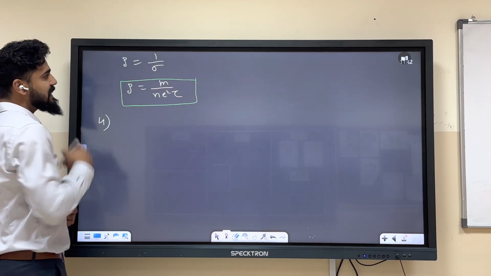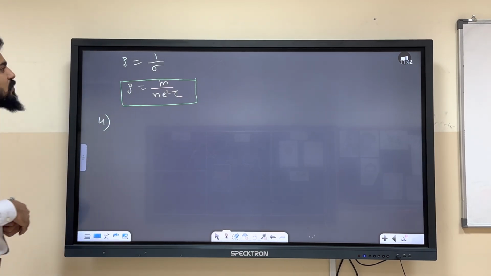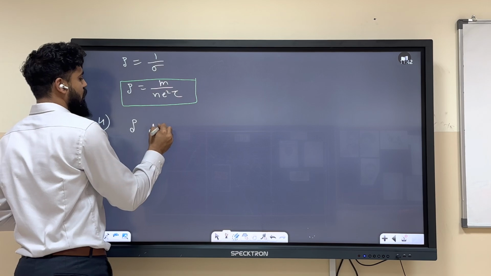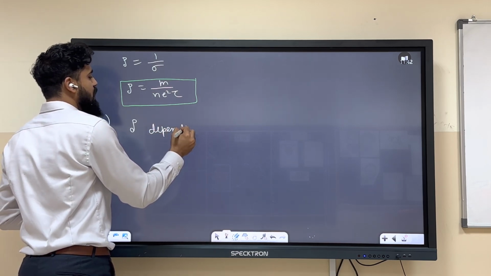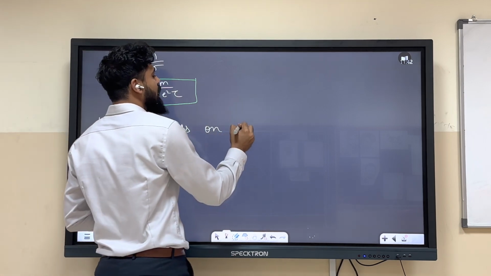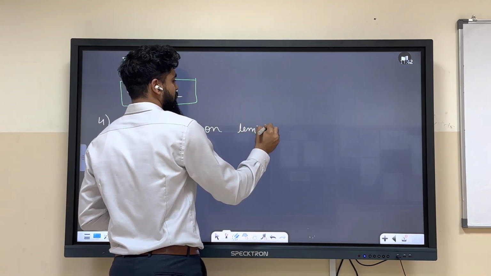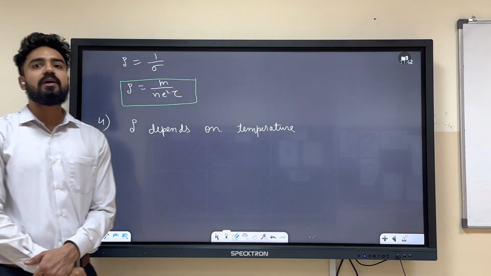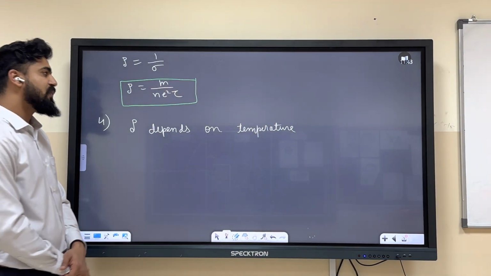So you can see it depends on electron density and relaxation time. So in general, rho depends on temperature. Resistivity will change with temperature.